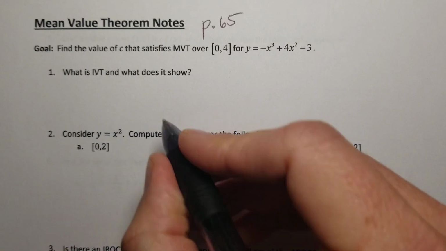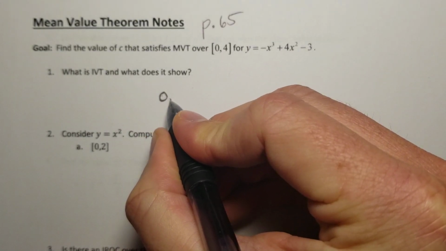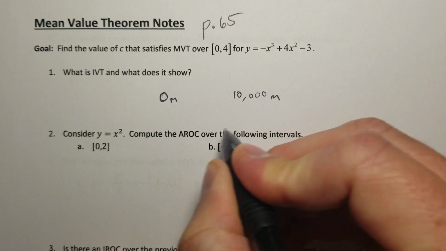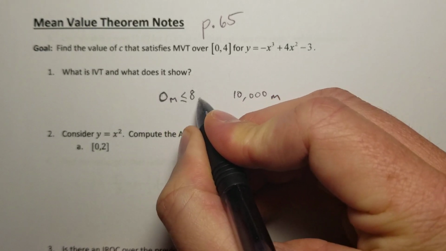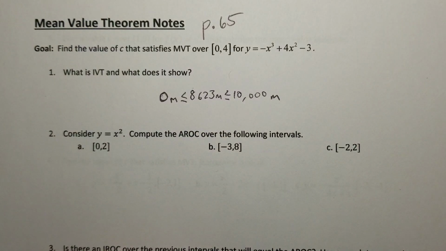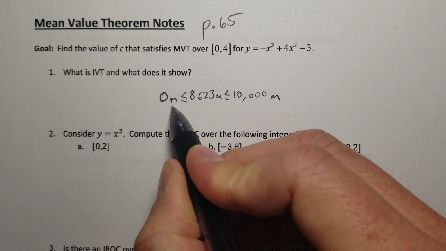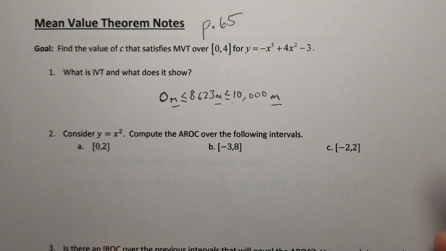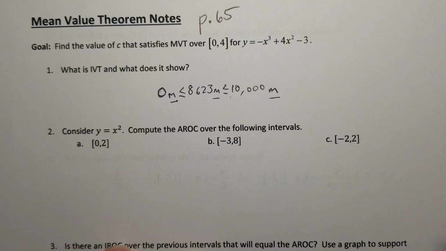But the point was that we went from 0 meters to 10,000 meters, and that we would hit 8,623 meters at some point along the way. We were all on the same level with IVT. It was meters, meters, and meters.